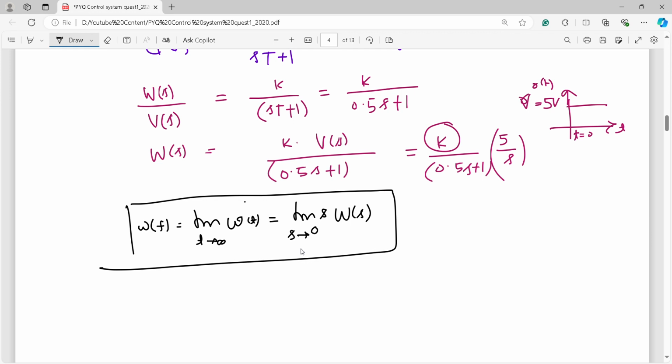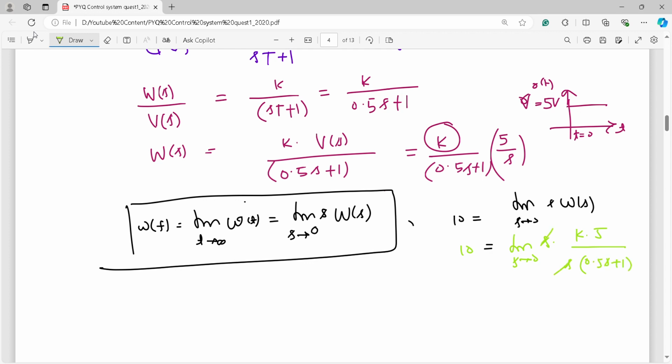So here, how to find it? They have given this value also. The given final value is 10 radian per second. So 10 equals limit s tends to 0 of s Omega(s). Here s Omega(s) is k into 5 by s into (0.5 s plus 1).